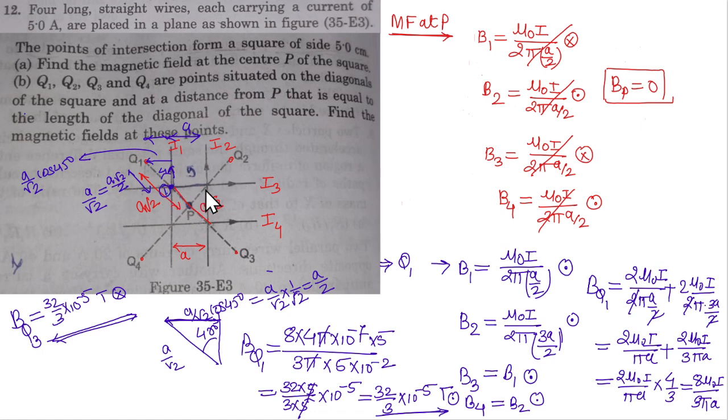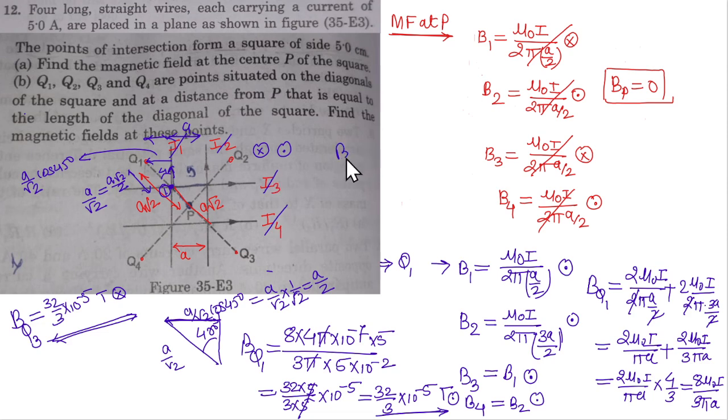Now if you are finding the magnetic field at Q4 or Q2, what you have to do: the magnetic field due to current I1 and current I2 will be into the plane, and the magnetic field due to current I3 and I4 will be outward. So the magnetic field due to I1 will cancel out by the magnetic field due to I3, and the magnetic field due to I2 will cancel out by the magnetic field due to I4.